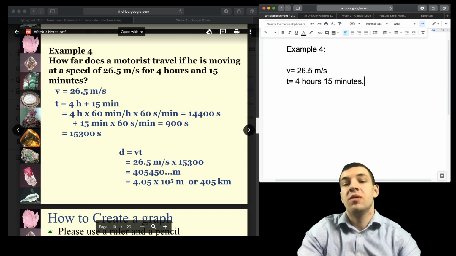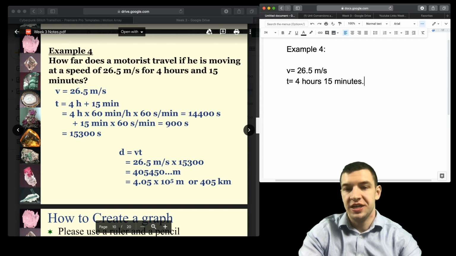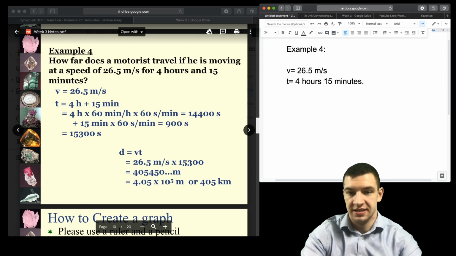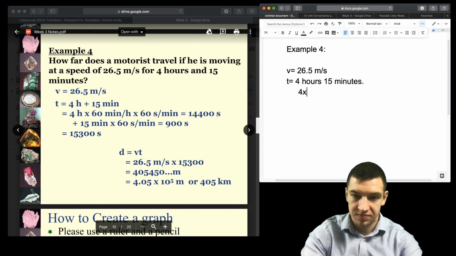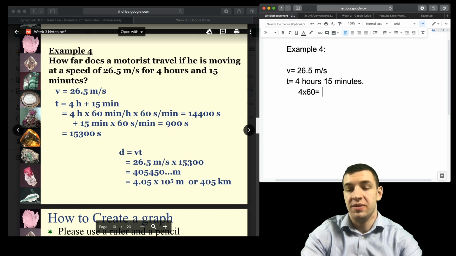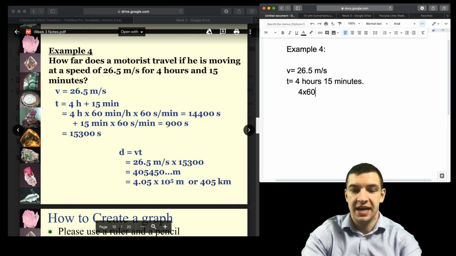Okay, but what we need to do now is change this time from hours and minutes to just seconds. So the first thing I would do is figure out how many minutes are in 4 hours. If you had 4 times 60, you would get the minutes in 4 hours, but if you times it by 60 again, you'll get how many seconds are in that.